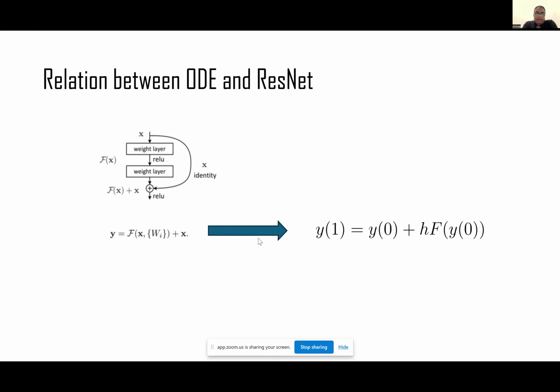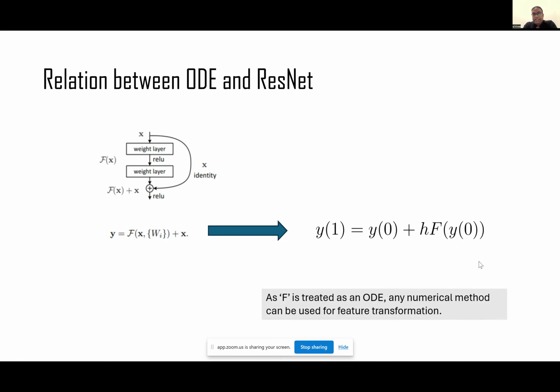So I can rewrite this in this form, right? Here it is y1, and there is y0, and h is the step size, and in our skip connection it is 1. If you look at this expression, it looks like the Euler method with a step size of 1, where f is our ordinary differential equation parameterized by its weights theta or Wi.